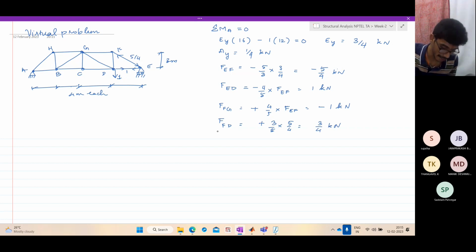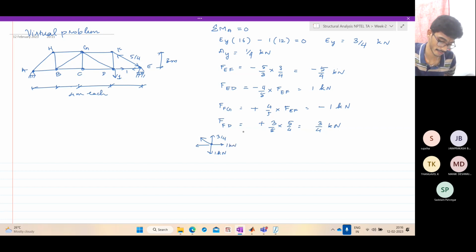Now coming to point D. At point D, what do we have? At point D, we have 1 acting downwards, tensile 3 by 4. This is unknown. This is unknown. This is 1. So at point D, we have 3 by 4, 1 by 4 downwards, which means FGD is equal to net 1 by 4 tensile into 5 by 3.